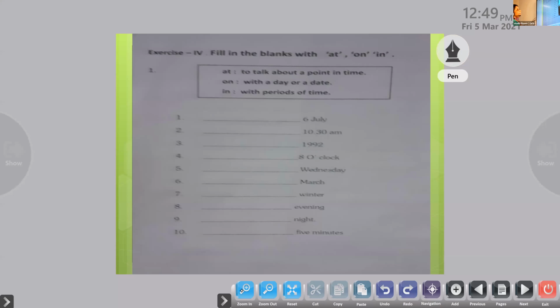Finished? Do it fast, quickly. Finished, children?